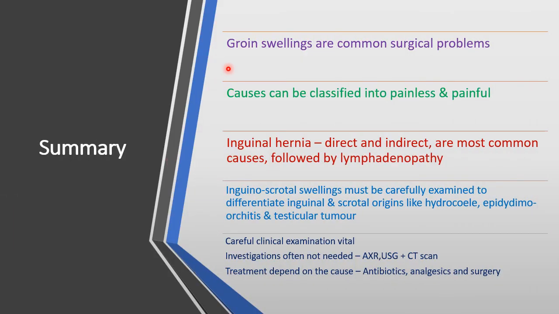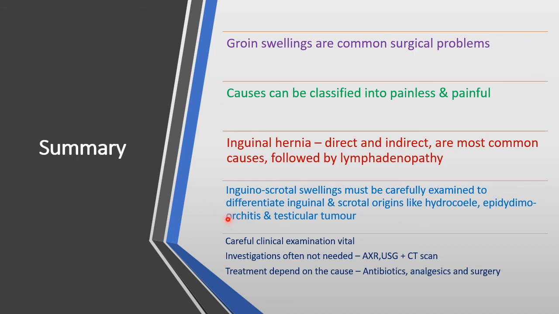In summary, groin swellings are common surgical problems. Causes can be classified into painless and painful. Inguinal hernia, either direct and indirect, are the most common causes, followed by lymphadenopathy. Inguinal scrotal swelling must be carefully examined to differentiate inguinal and scrotal origins such as hydrocele, epididymo-orchitis, and testicular tumors.